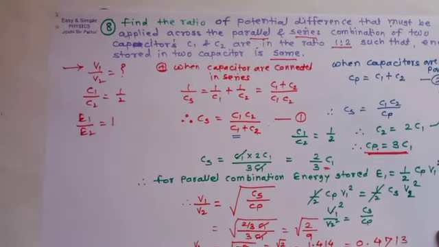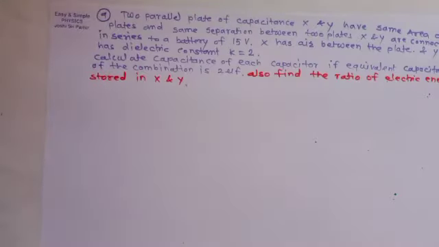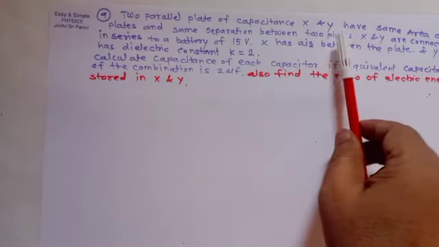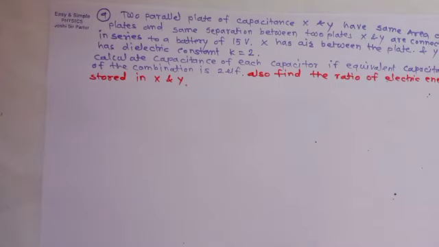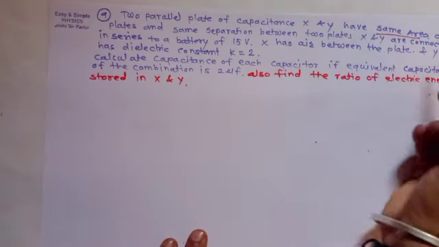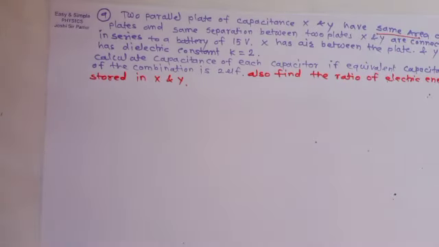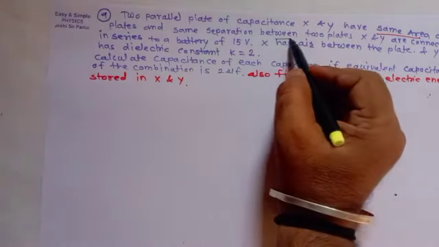Again, let us solve another example, example number 9. In this example, two parallel plate capacitors X and Y have the same area, and the separation between the two plates is d.